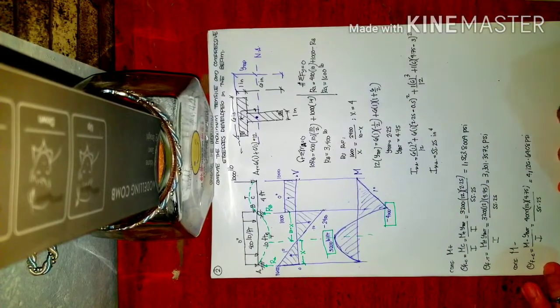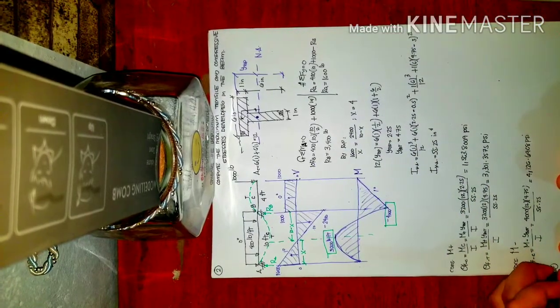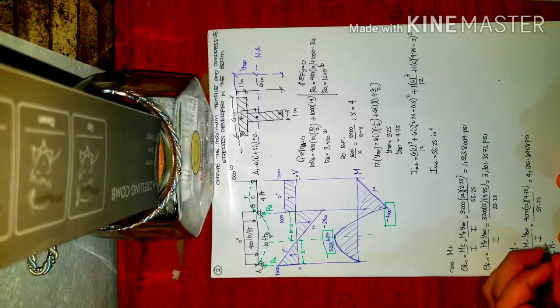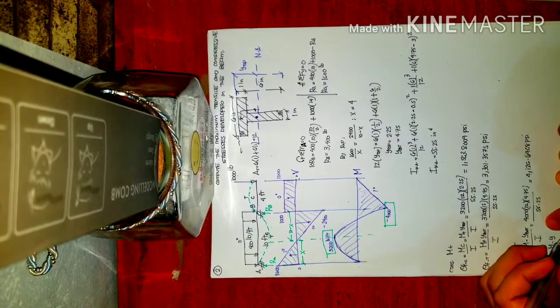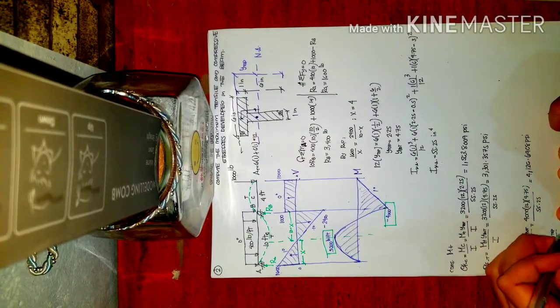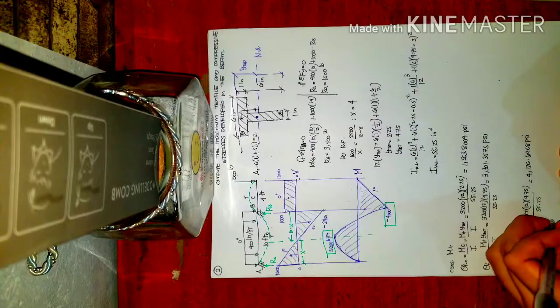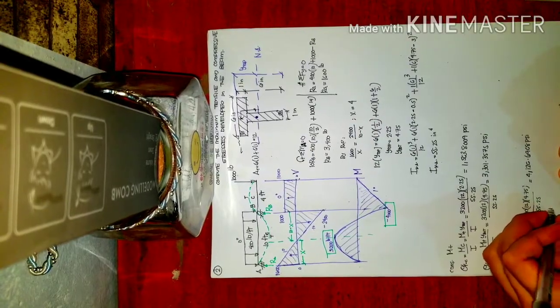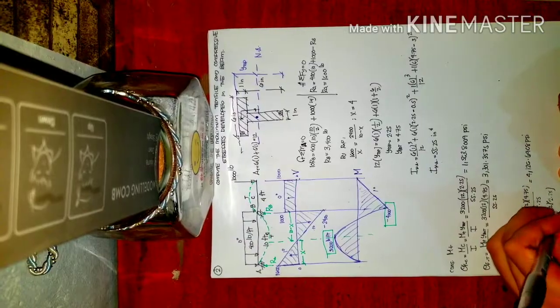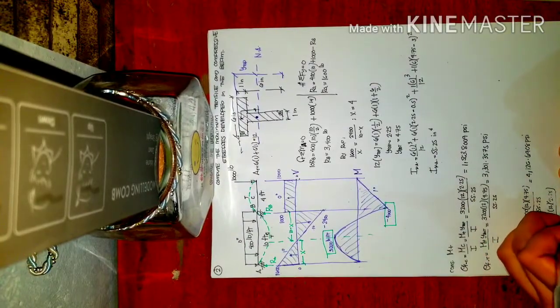Okay, so and then yung isa for the tension, so maximum negative moment multiplied by, so ano nga pag tension, so Y top over I. So that will be 4,000 times 12 multiplied by 2.25 over I na 55.25.